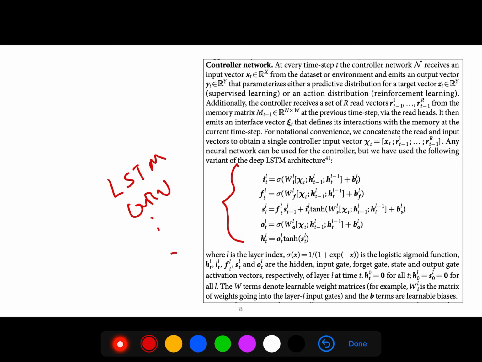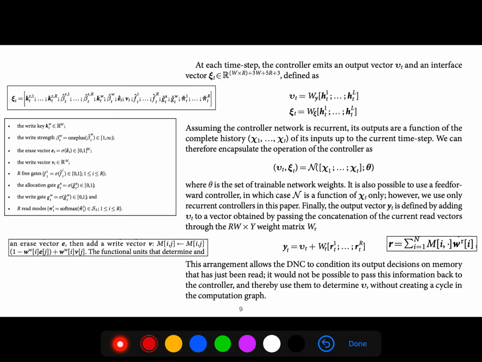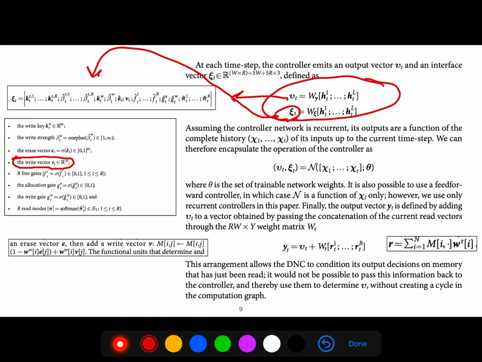So this is your controller. What is important is that you use this hidden value to generate, first of all, the write vector v of t that I told you about, and also the interface vector, which is a long vector.